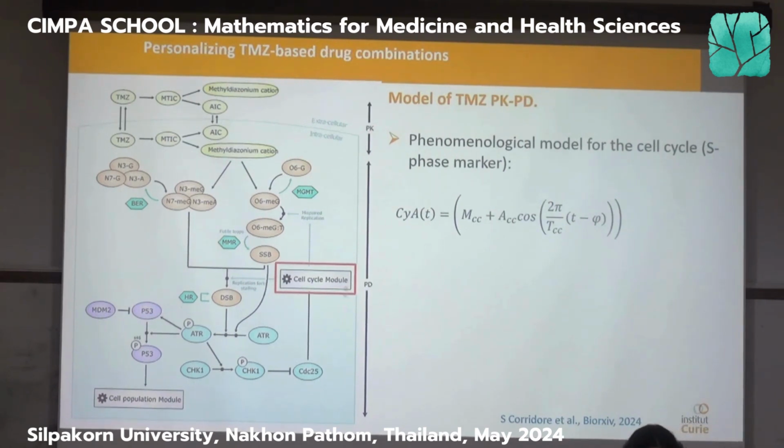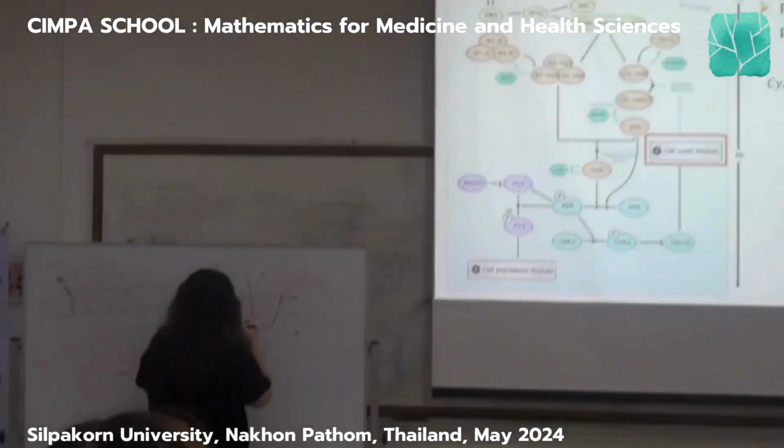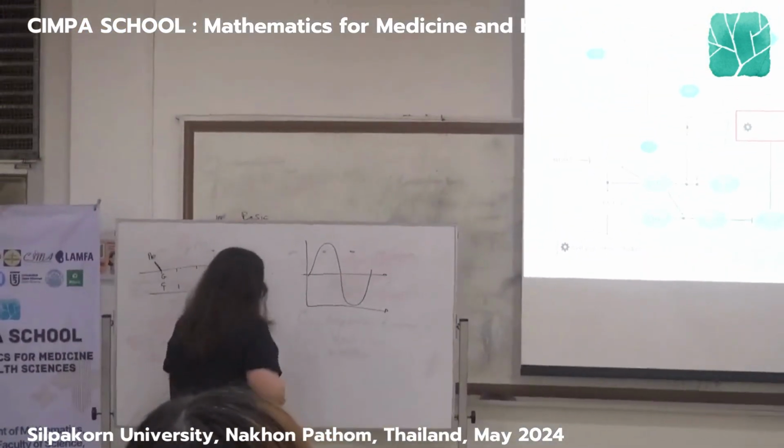So the idea is that we want a marker for the S phase. And we know that the cell cycle is actually happening in a 24-hour fashion. So what we have done is that we have decided to use a simple cosine, and then to say that we are in S phase at some part of the cosine. So I think that we have said that basically the S phase will occur at the peak.